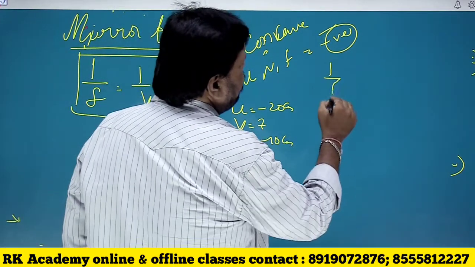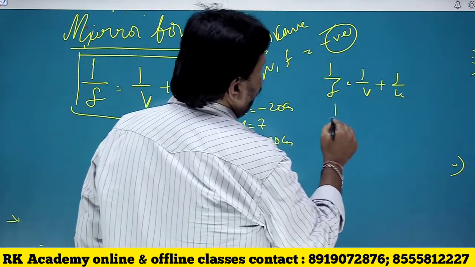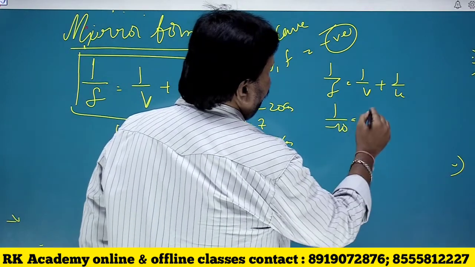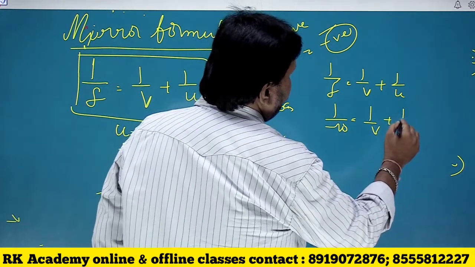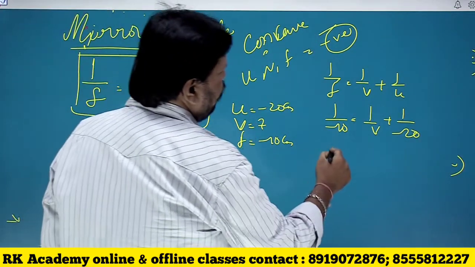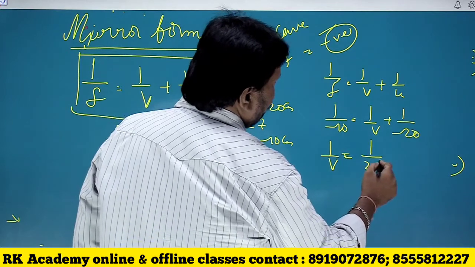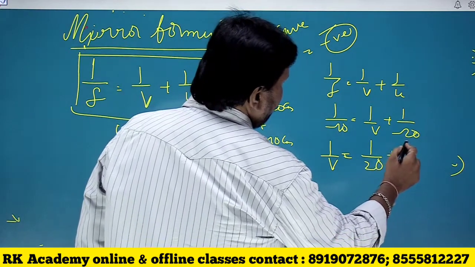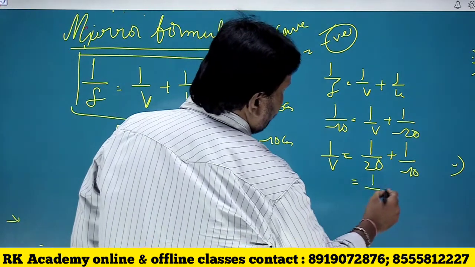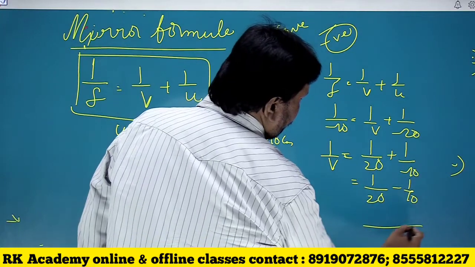Apply 1/f = 1/v + 1/u. 1/(-10) = 1/v + 1/(-20). Then 1/v = 1/20 + 1/(-10), that is nothing but 1/20 - 1/10.